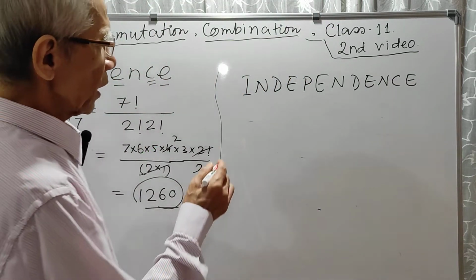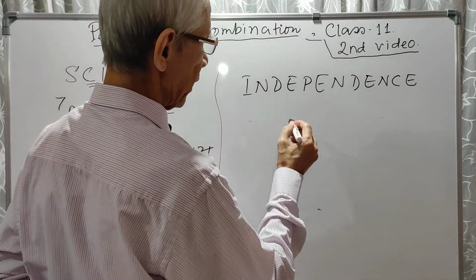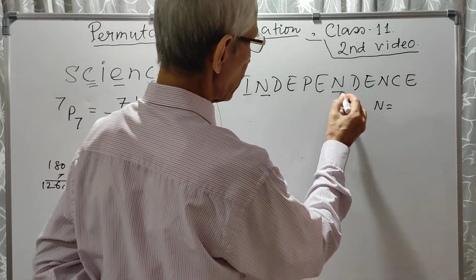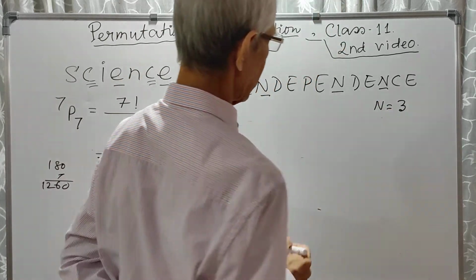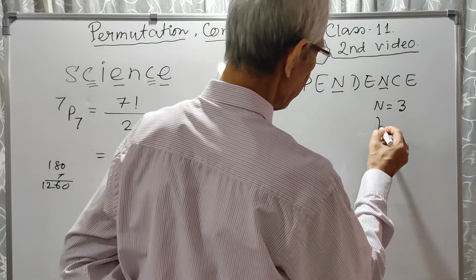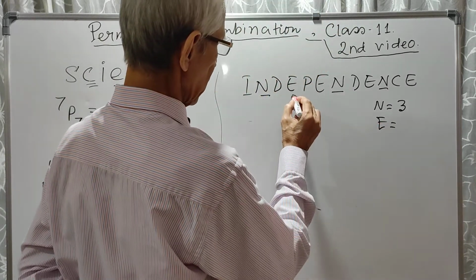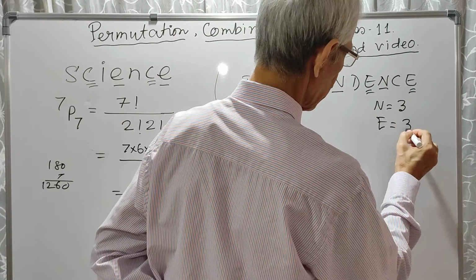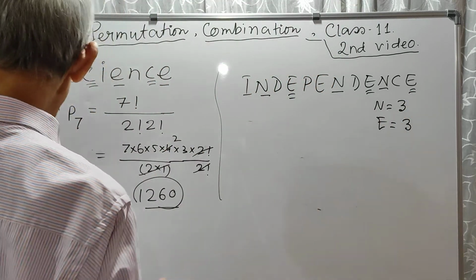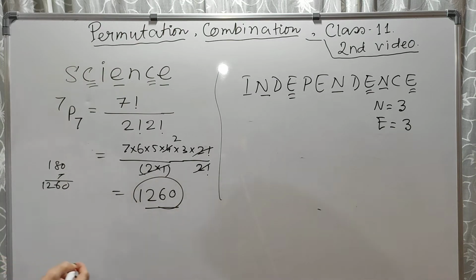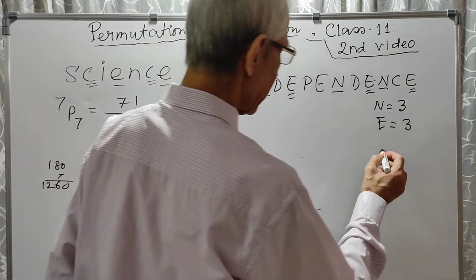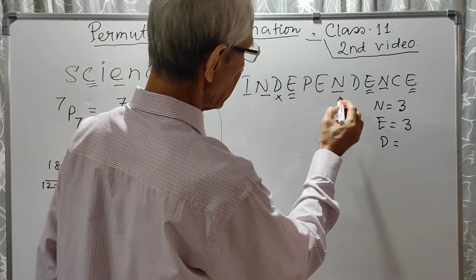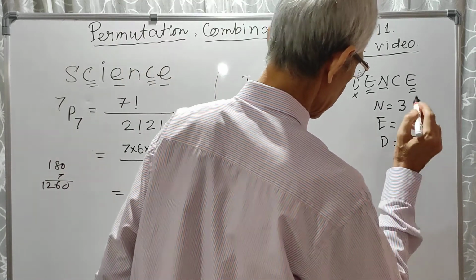Here you see N appears how many times? 1, 2, 3. N appears 3 times. E appears how many times? E, E, E. Then anything else? D. D repeated how many times? D, D, twice.